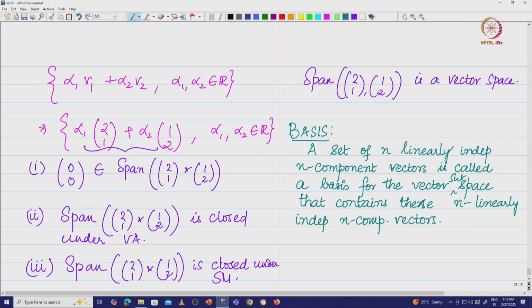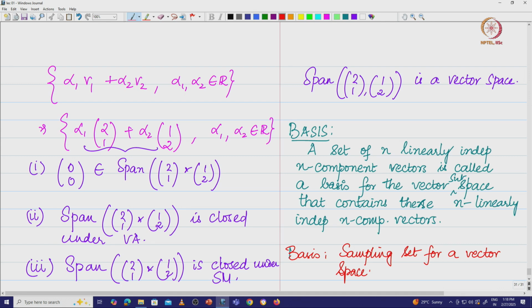Therefore, the basis serves as a sampling set for the vector space. So, let us write that. The basis is nothing but a sampling set for a vector space or a vector subspace.